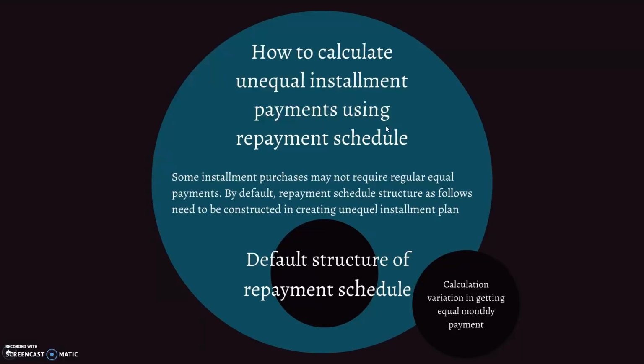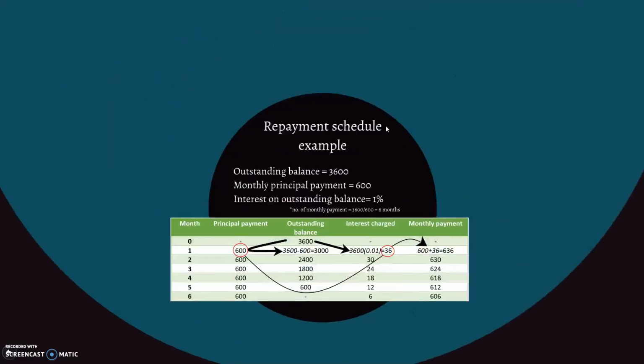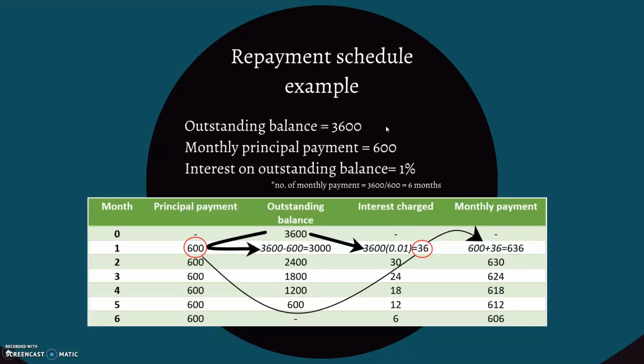So you are going to need to construct that kind of table before we can figure out what is the unequal installment payment for each month. This is how you construct the table. Basically, you are going to have these 5 columns. The first one can be monthly or weekly, depending on the situation. And then you need to put the principal payment, outstanding balance, interest charge, and monthly payment.